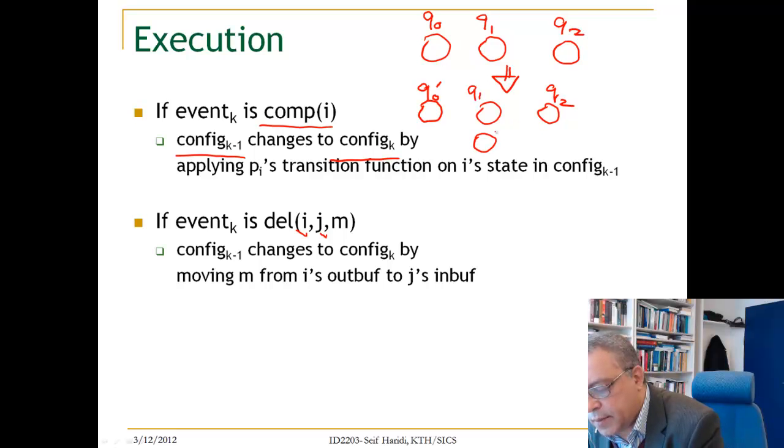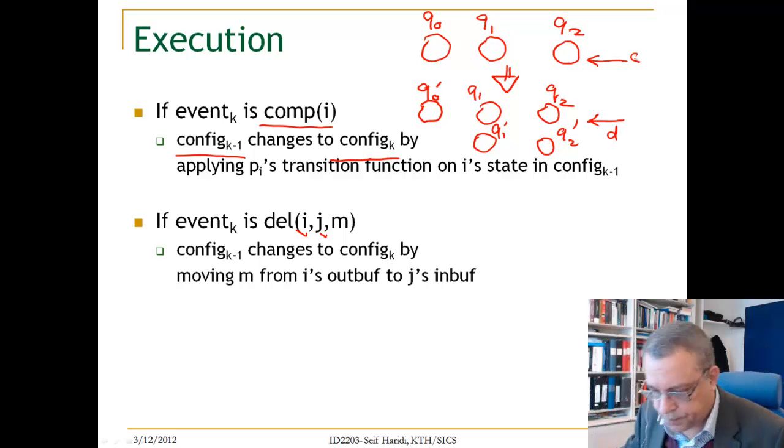So here we get a transformation of the state of these two nodes. This happens if we do a delivery event, and this happens when we do a computation event.